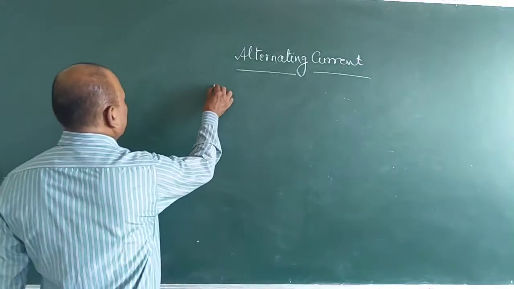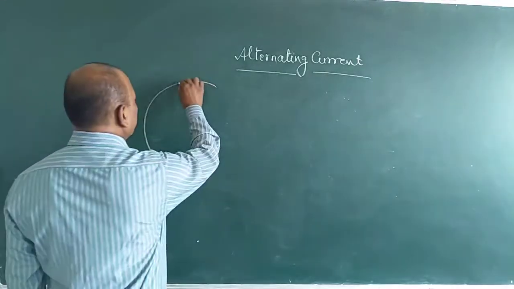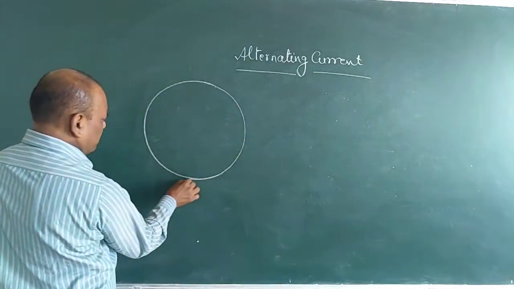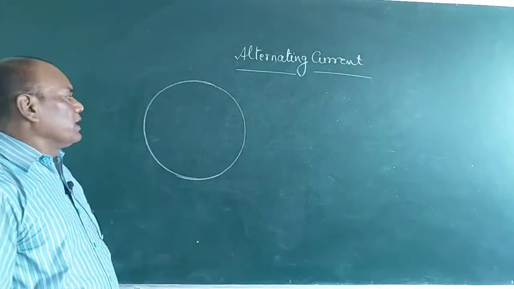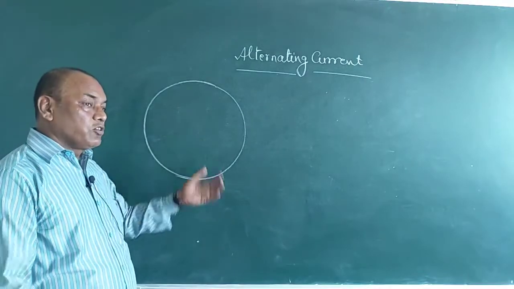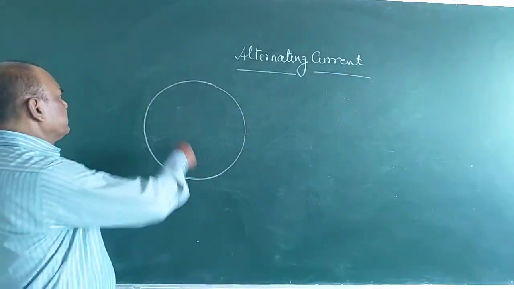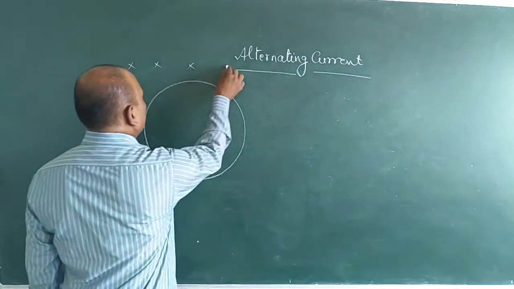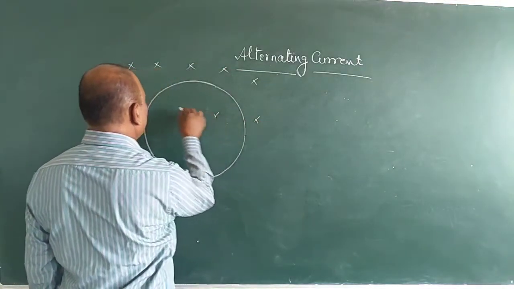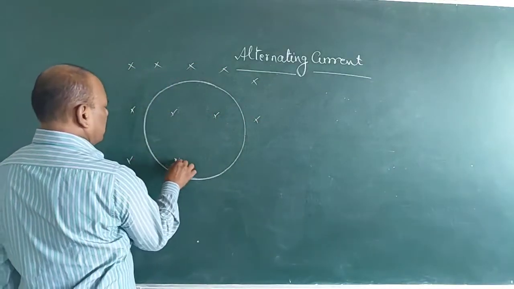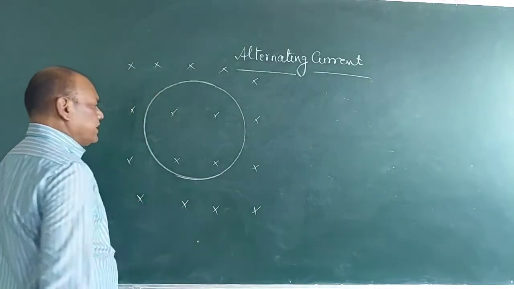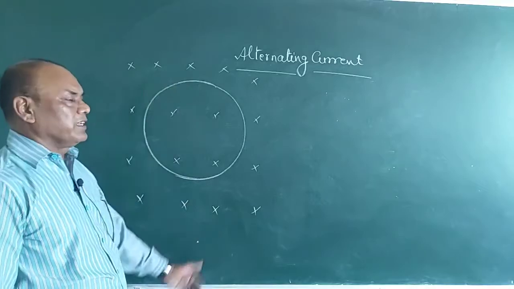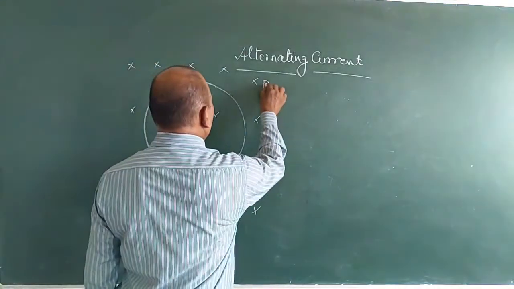Now here, suppose this is a circular loop. If this circular loop is rotating about its axis in a magnetic field, this is the magnetic field, and this magnetic field is directed inward to the surface of the blackboard.